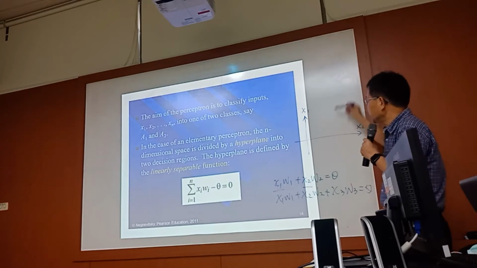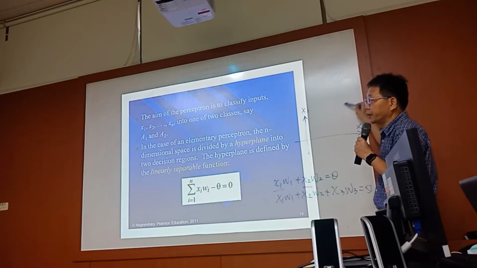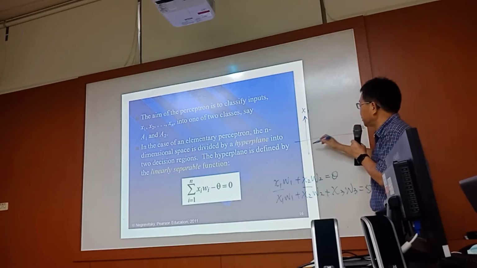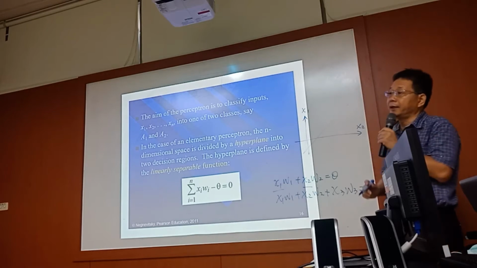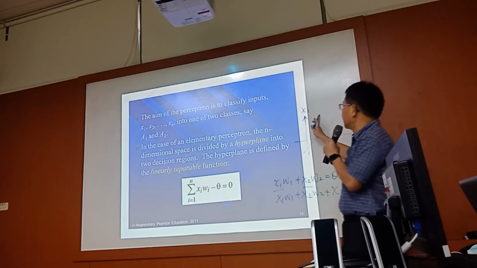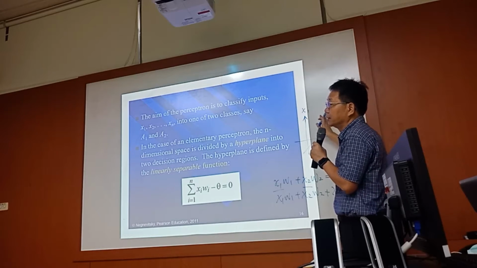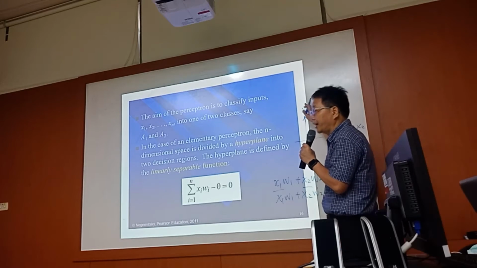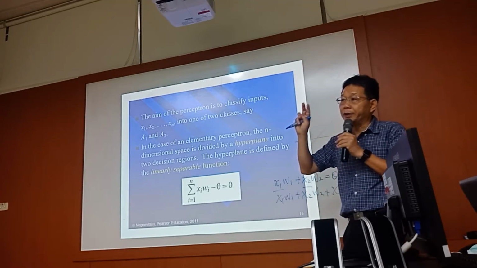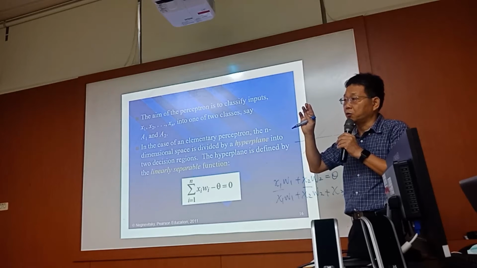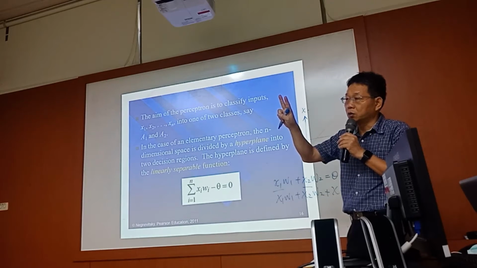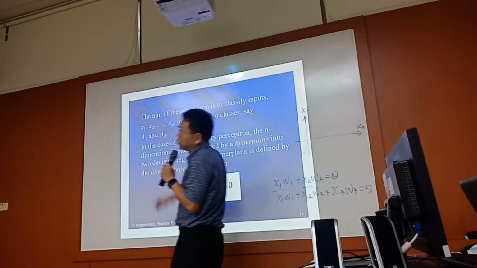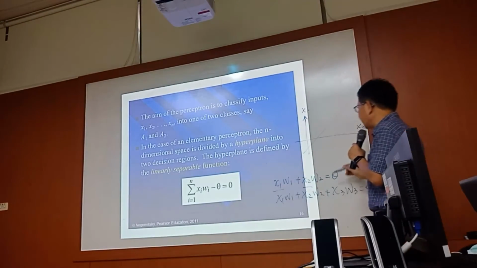If n is 2, you can draw a line. Draw a line like here. We say your node is below the line or above the line, so we can separate the problem into two classes, A1 and A2.